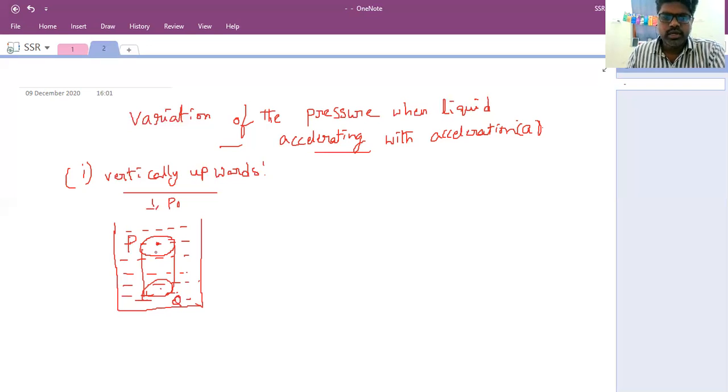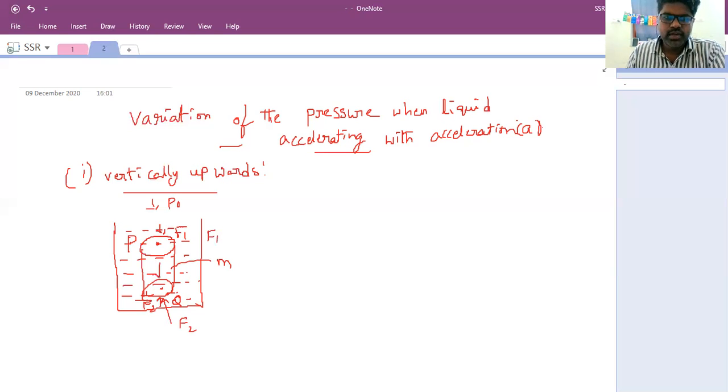Okay. Then let us say due to the liquid above, a force F1 is acting vertically downward. Due to the liquid below at point Q, force F2 is acting. Force F1 is acting at point P, and force F2 is acting at point Q. Let small m be the mass of the liquid within the imaginary cylindrical liquid column.